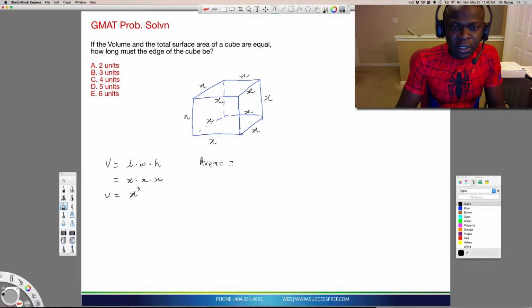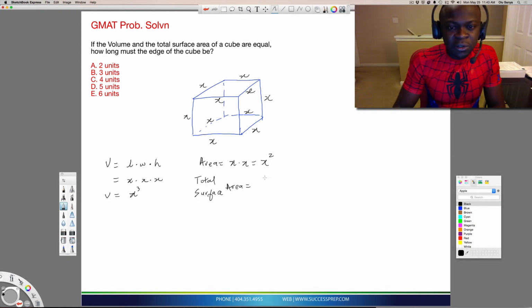The face is a square, so that's X times X. So the area is X squared for one face. So the total surface area will just be, take one face, which is X squared, and you just do it 6 times. So it's 6X squared. Okay, so essentially this question is saying these two things are equal, the volume and the total surface area. So just go ahead and do that.